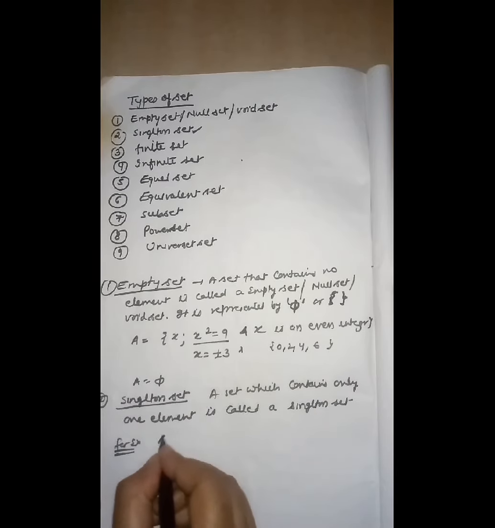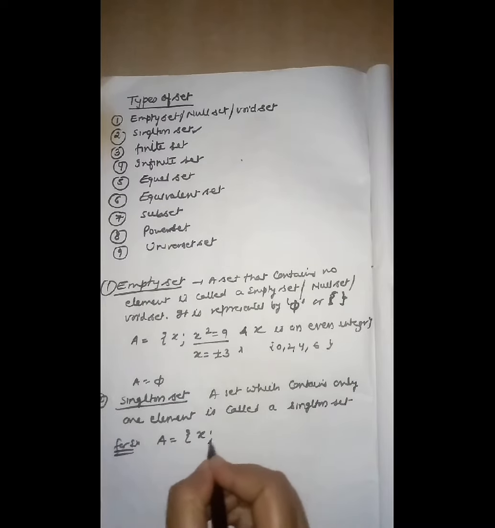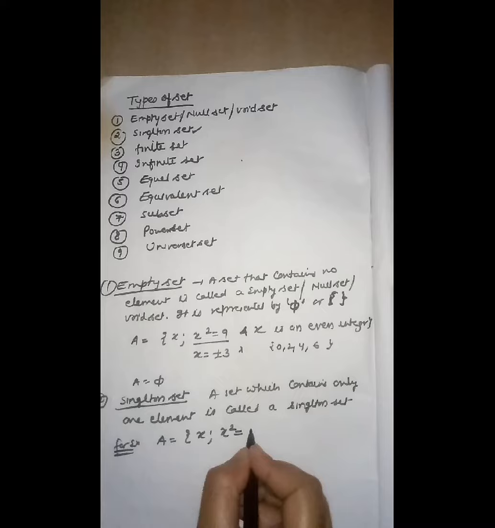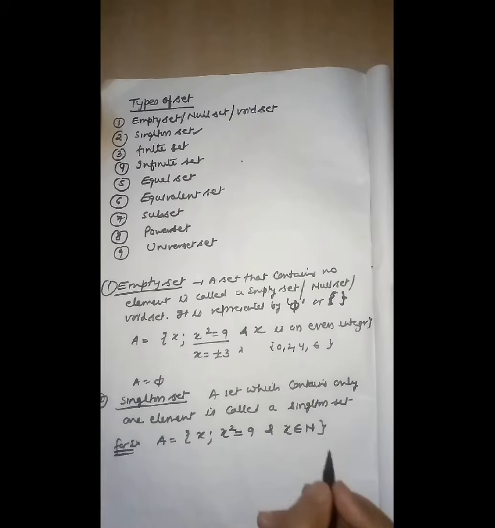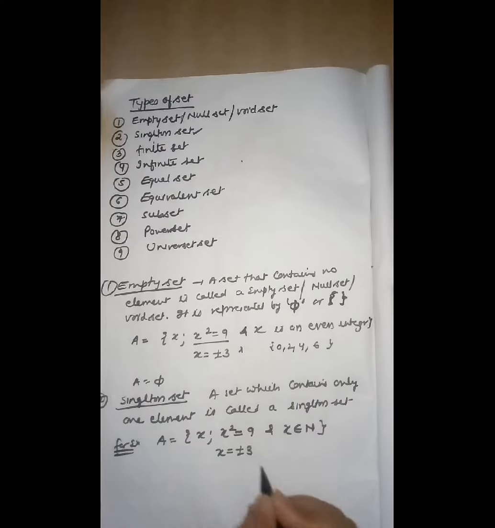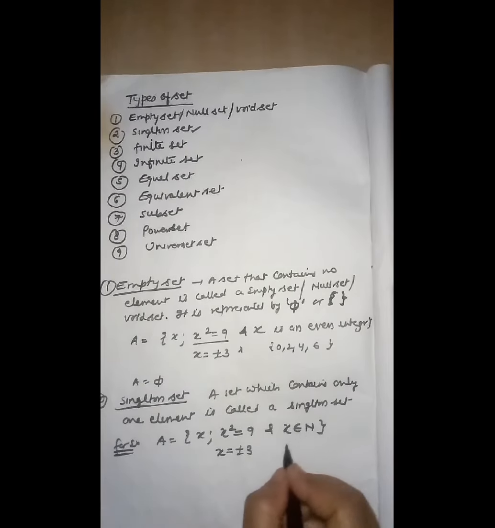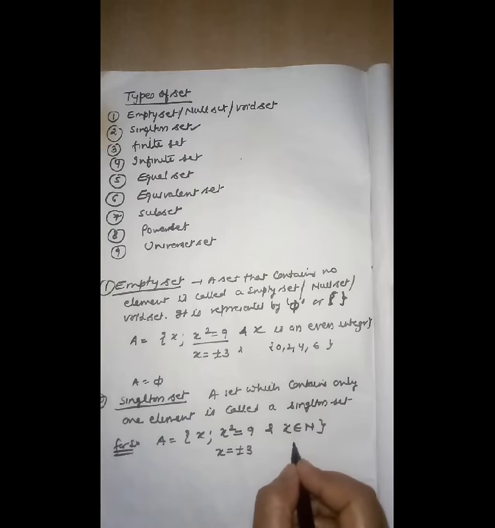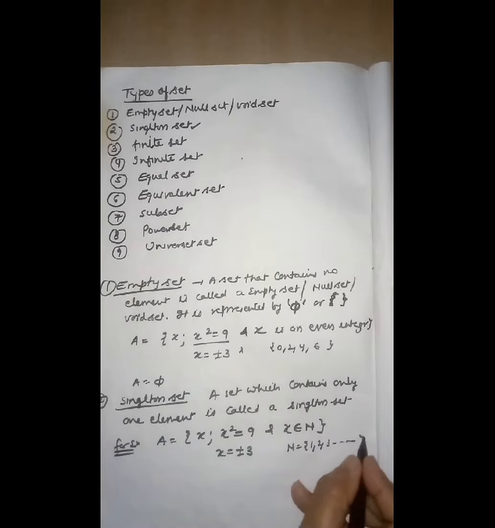Suppose I take set A, again in set builder form, x squared is equal to 9 and x belongs to N. Again solve this equation, you get plus minus 3, and here x belongs to N. The natural number set is 1, 2, 3 and so on.